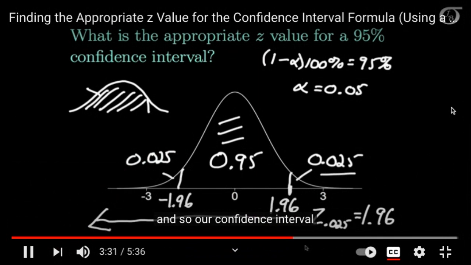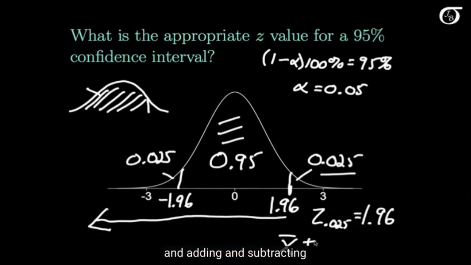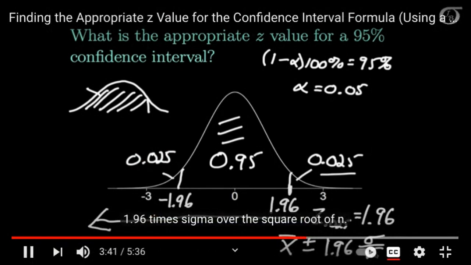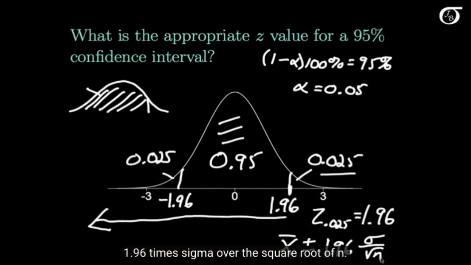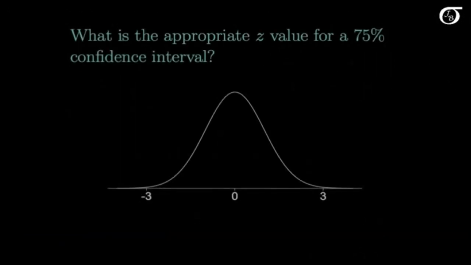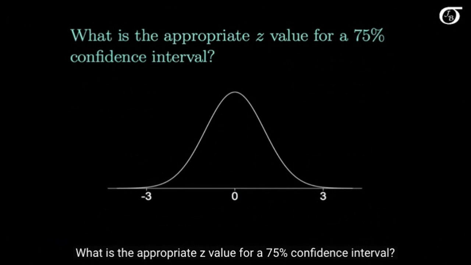And so our confidence interval will be found by taking the value of the sample mean and adding and subtracting 1.96 times sigma over the square root of n. What is the appropriate Z value for a 75% confidence interval?